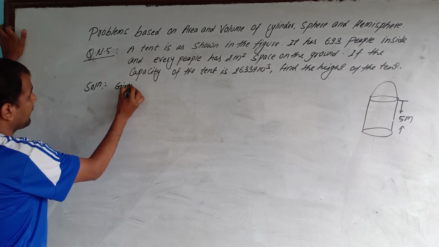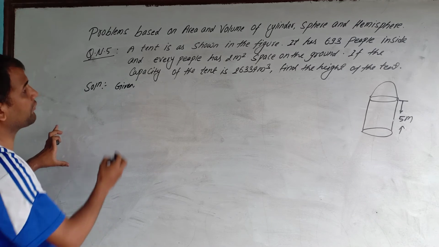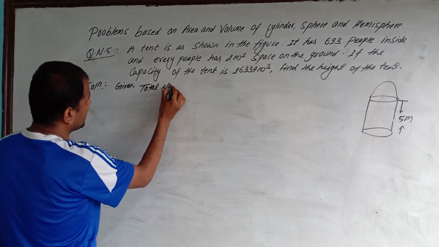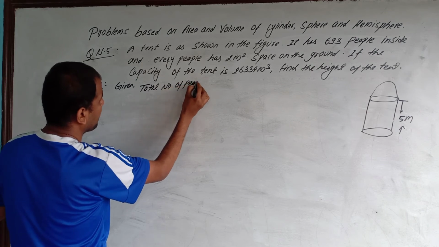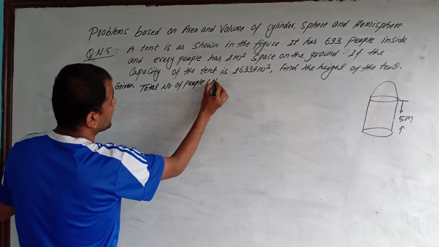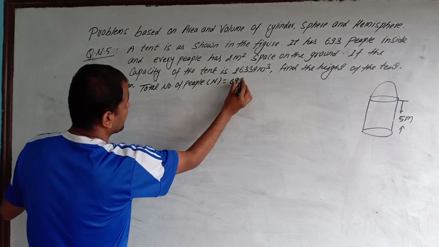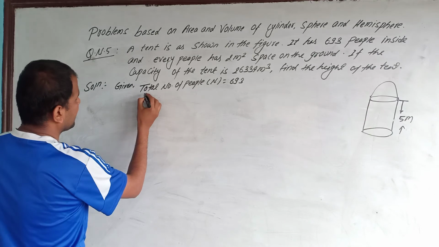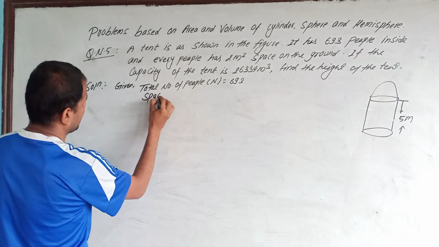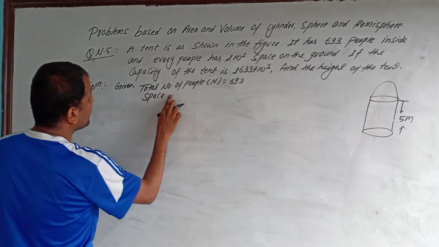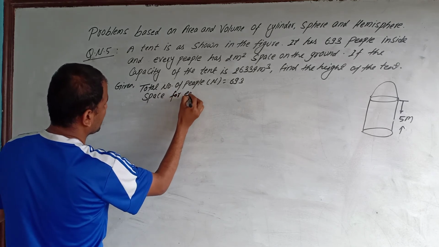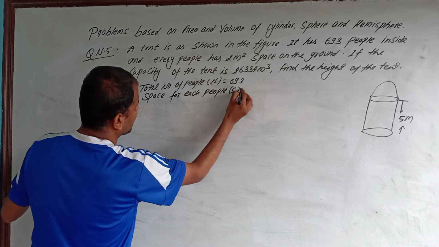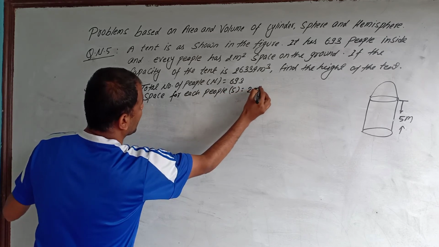Given: total number of people N is equal to 693. Space for each person S is equal to 2 meters square.